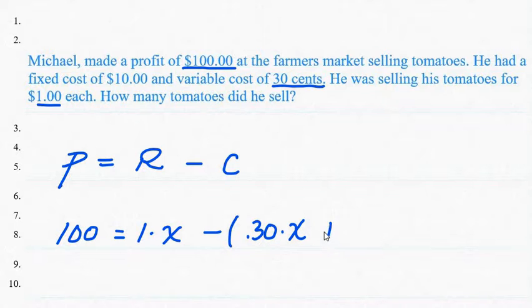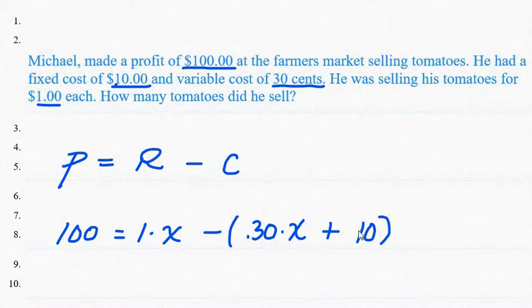Now we're going to add the fixed cost. All right, this is not changing, $10. So $10 would be like the supplies, whatever he had to buy, let's say, before he got started.